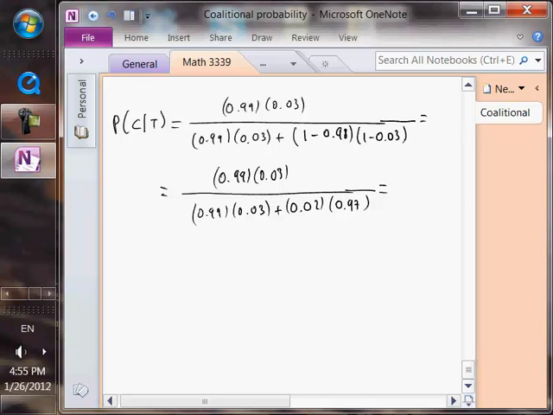So this number is approximately 50%. That's not very good. Can I give you an easy test, 50%, with 50% chance of predicting correctly? Yes. Flip a coin.